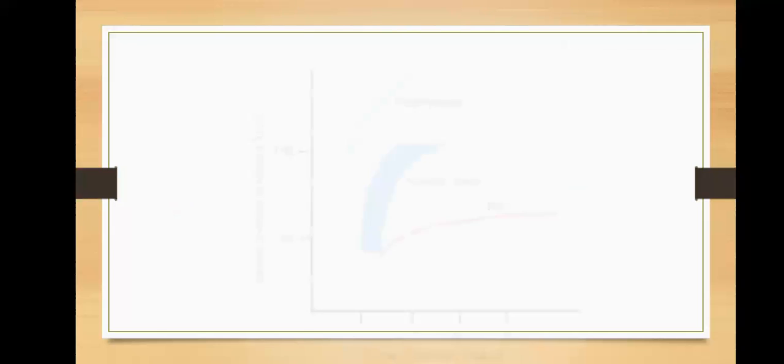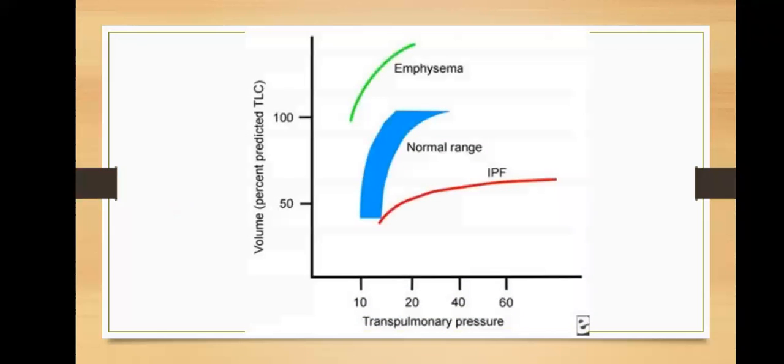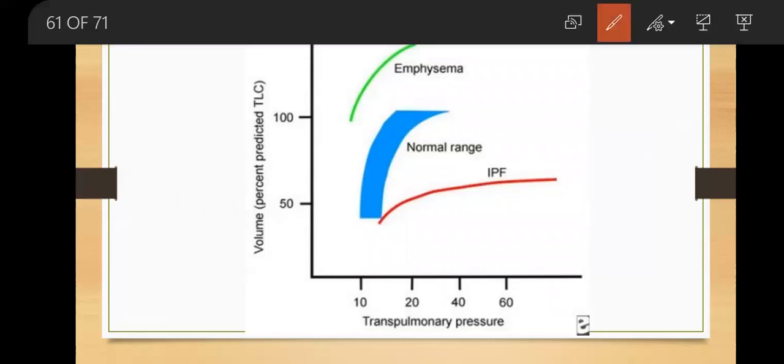Another diagram, the pressure volume curve comparing lungs with emphysema, lungs with restrictive disease and normal lung, again but in different colors. This is idiopathic pulmonary fibrosis, restrictive disease; emphysema, obstructive disease; and this is the normal range. This is the volume, total lung capacity, and this is the transpulmonary pressure. If the lung has low compliance and the volume reaches 50, the transpulmonary pressure might reach 80.